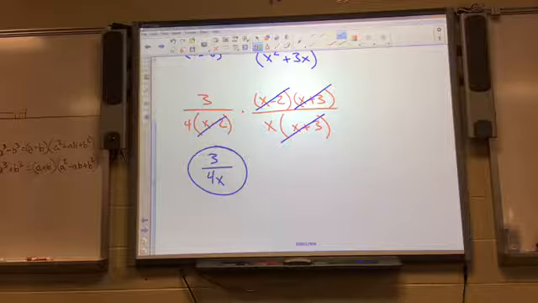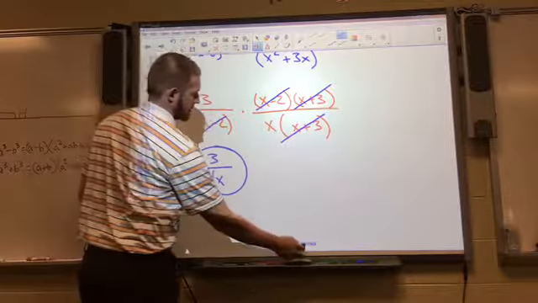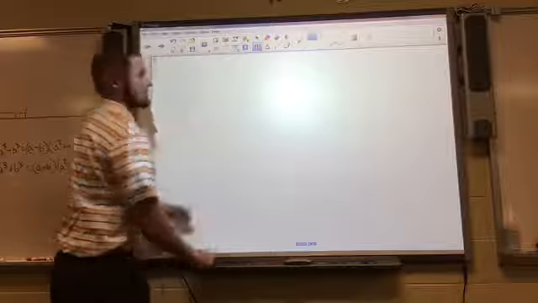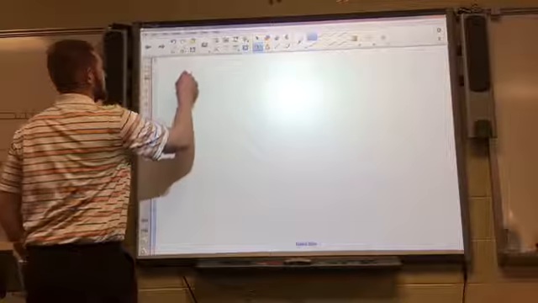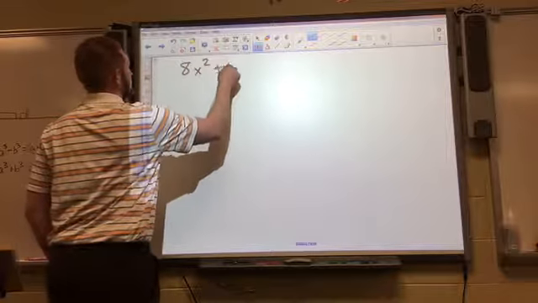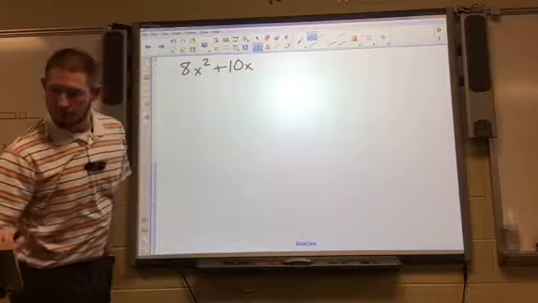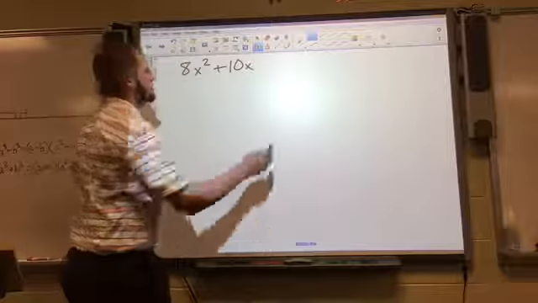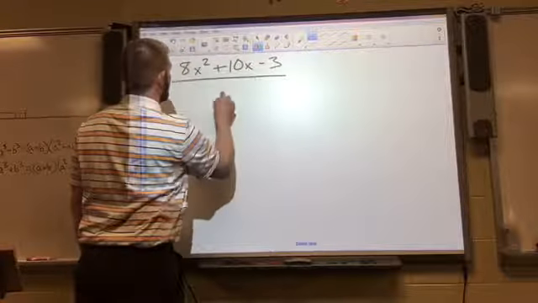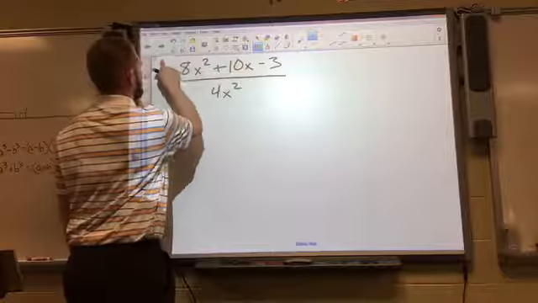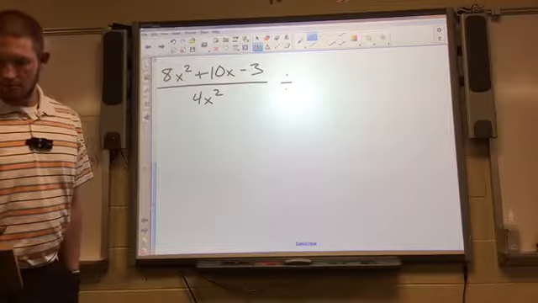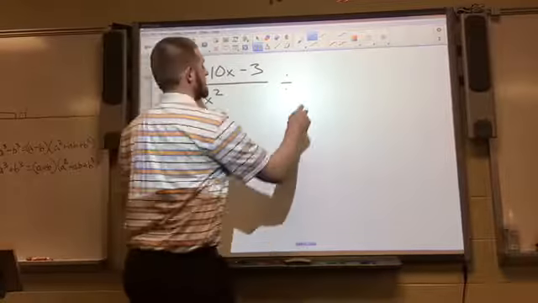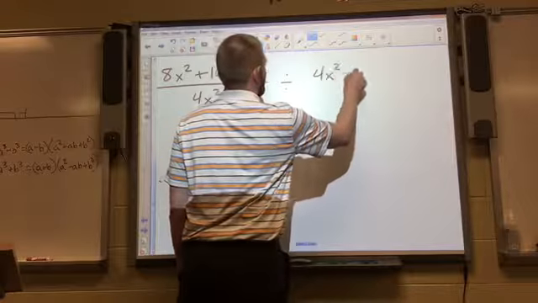Okay, one last one here, and then we're going to go right into our work. Because again, that's the exact same thing. So, let's do 8x squared plus 10x minus 3 over 4x squared divided by 4x squared minus x.